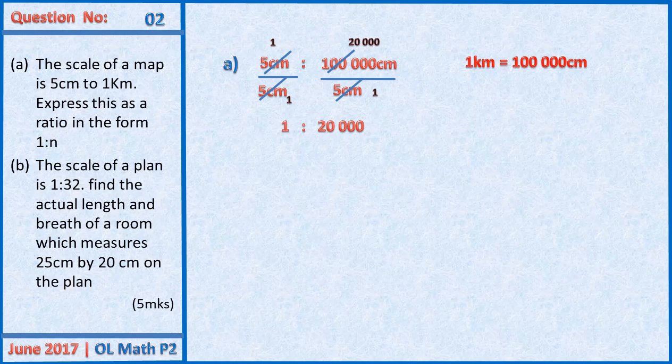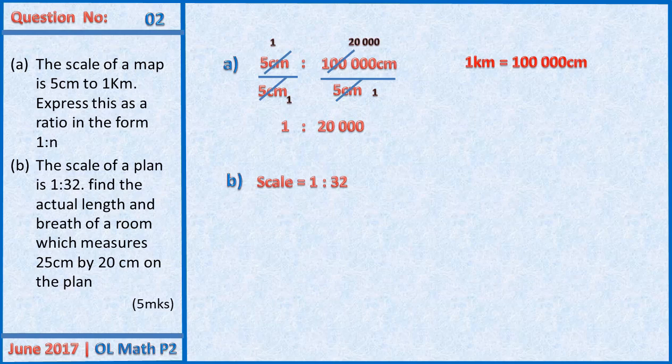The next part of the question is different, it's independent. The scale of a plan is 1:32. Find the actual length and breadth of a room which measures 25 centimeters by 20 centimeters on the plan. The new scale given to us here is 1:32.